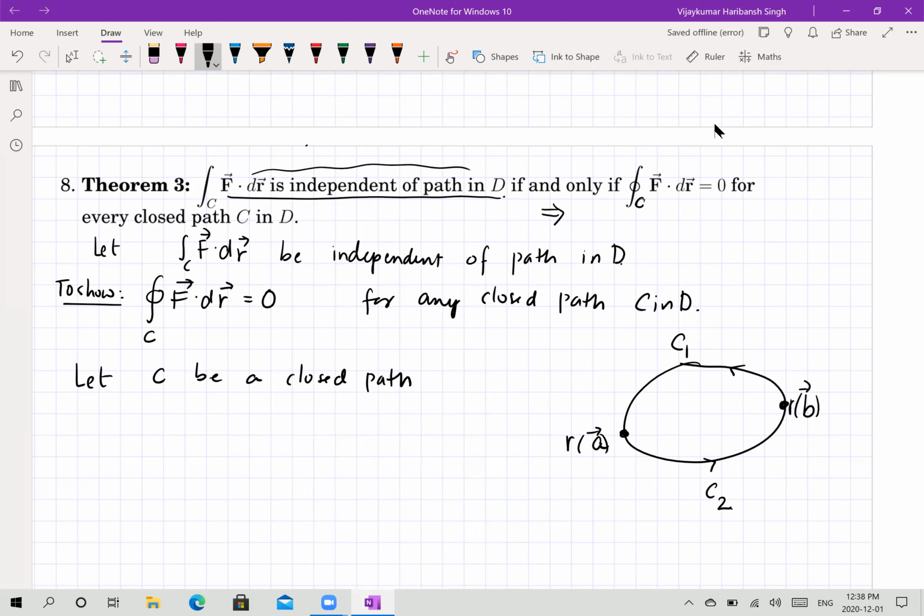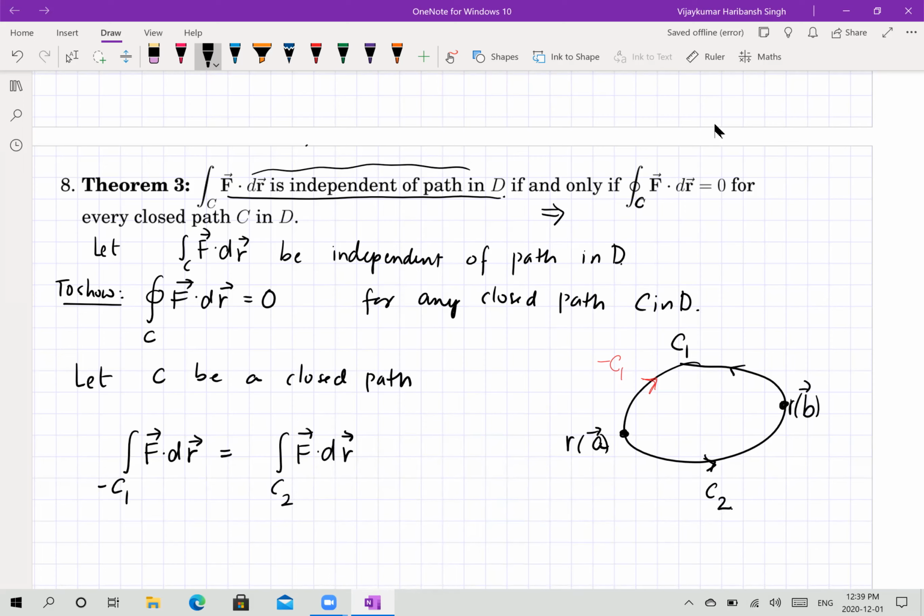So what do we get? Because it does not depend on the path, what is a path joining? If I put a minus sign here, if I change the path, I get minus C1, because I want to join r(A) to r(B). So what does it tell me? The first part tells me that the integral over minus C1 of F dot dr is equal to the integral over C2 of F dot dr, right?